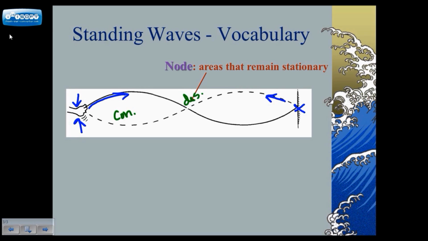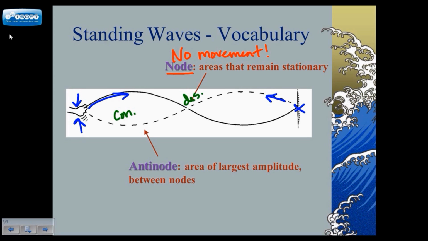So this is where I could touch it and nothing happened to the wave because there was no amplitude. Destructive interference causes a cancellation. The way to remember this one: a node has no movement. So node, no.